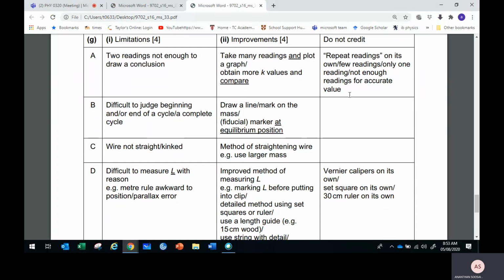Take more readings, plot a graph, and evaluate the relationship from the graph. That is always the standard answer. Every paper doing an experiment, second question, always has two data, so you can tell this.